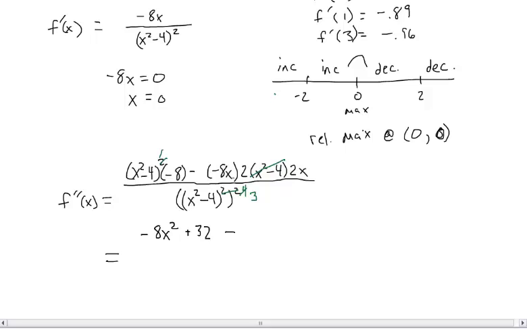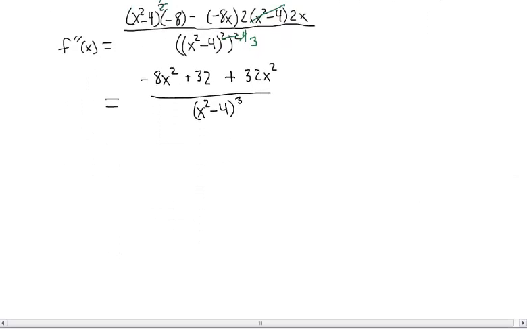So we have −8x times 2 is −16x, and then times 2x is −32x². And since it's negative and we have a negative, it becomes positive. And then we have 32x², all divided by (x² − 4) cubed. And now we can simplify that one more time as well.